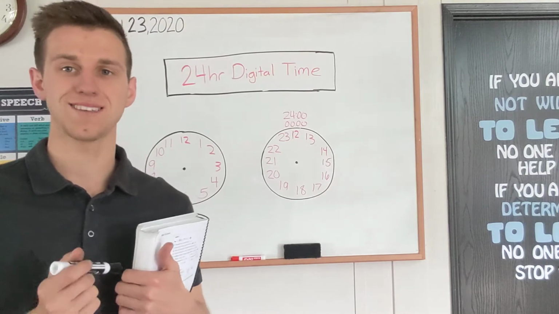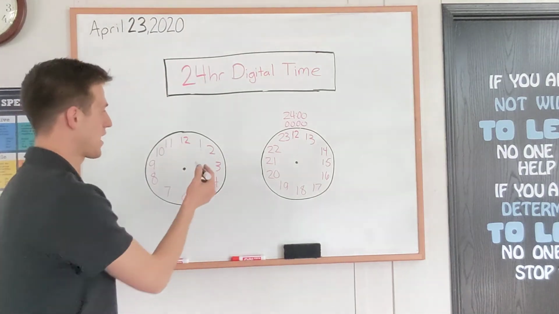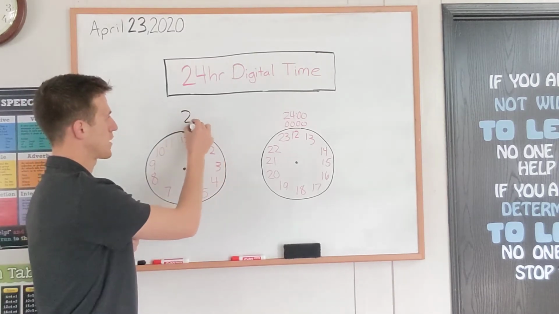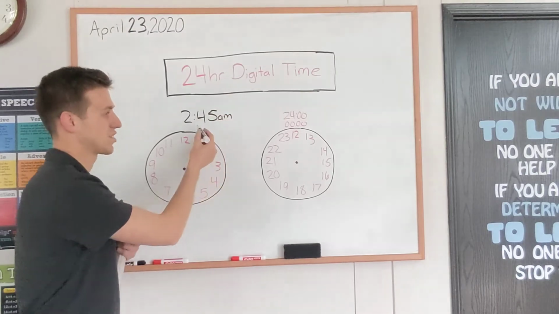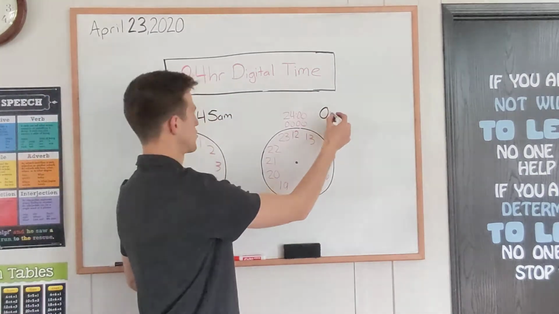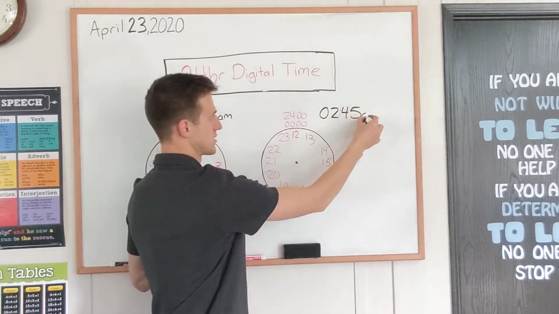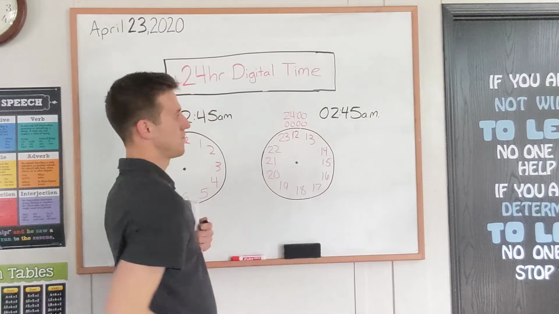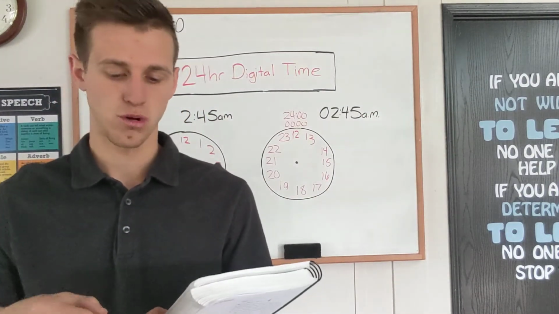So that doesn't change. It only changes in the afternoon. So here, instead of writing like we would normally, we write 2:45 a.m. in the morning. That's the 12-hour time period, but the 24-hour time period has to have 4 digits. So we would write it like this. Okay? Your 24-hour time period always has to have 4 digits.